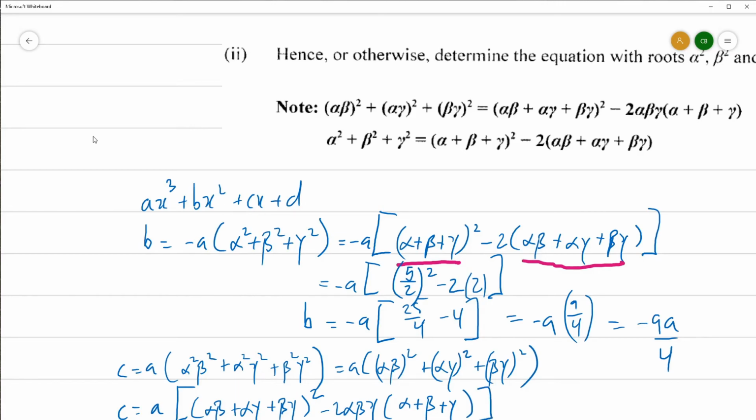Okay, so we have these values for c. Well, alpha beta, alpha gamma, and beta gamma, well, that is 2. So 2 to be squared is 4. Minus 2 alpha beta gamma, we got that on top.